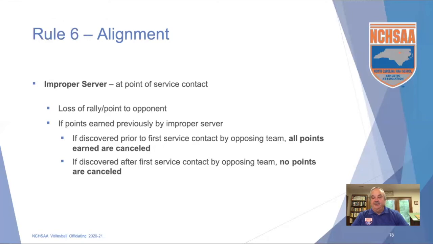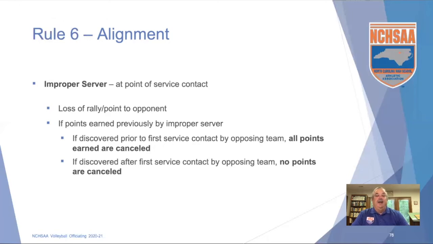If the serving team has illegal alignment, the case that we have most commonly is that we have the wrong server. So the team has gotten confused, and they have sent the wrong server back to serve. Okay, and when the serve is contacted by the wrong server, that's loss of rally to their opponent.